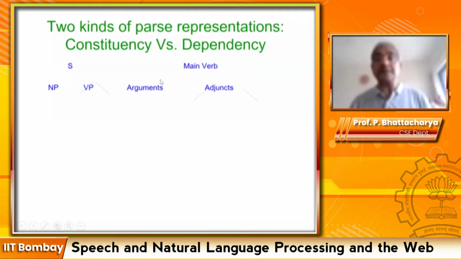I'll make this correction. In dependency parsing, you get a dependency tree where the main verb is the central entity. The left arc is going to arguments and the right arc is going to adjuncts. So arguments are essential entities, adjuncts are additional information.